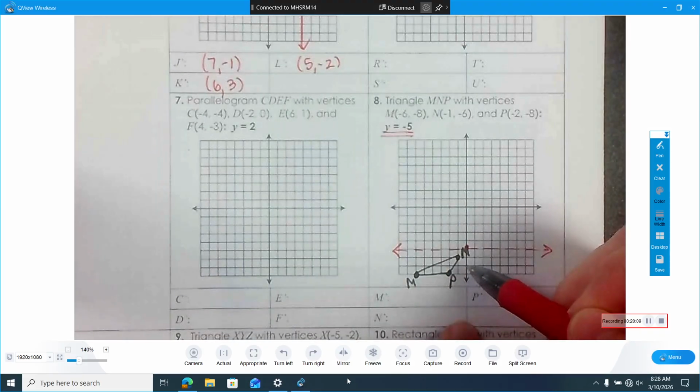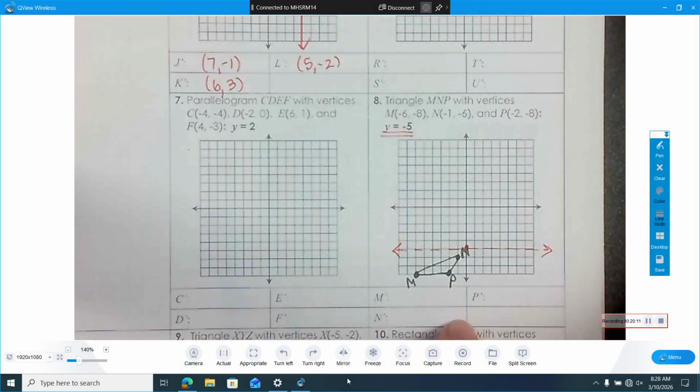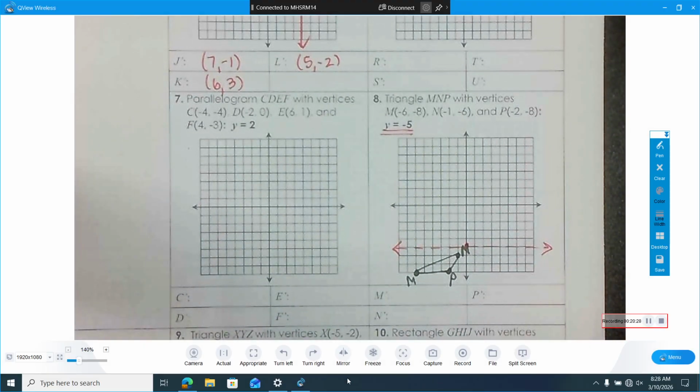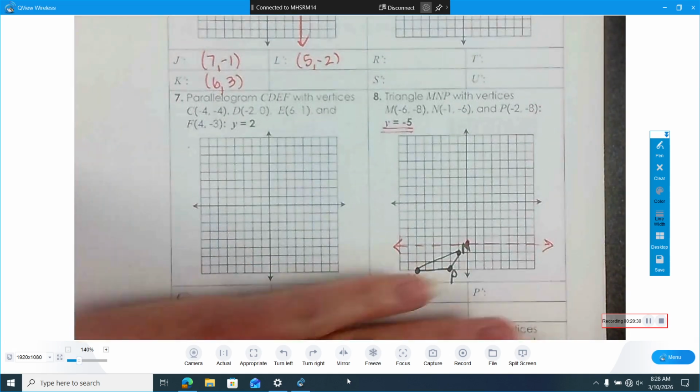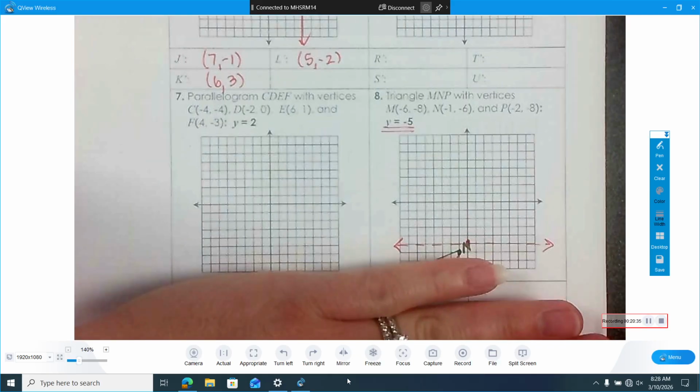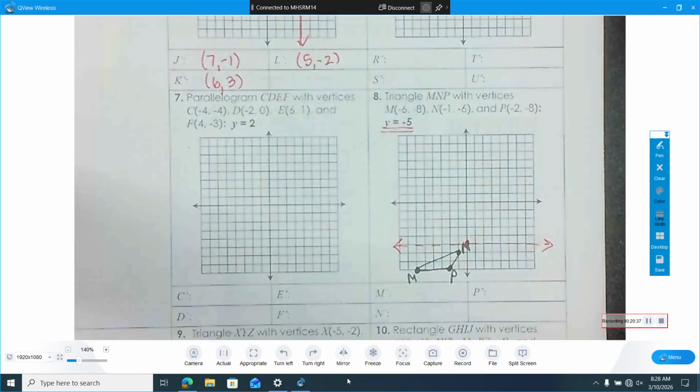So what is our end point? Where is that going to be? Well, this has to flip over this horizontal line. So this triangle flips over, so it has to go across that horizontal line.